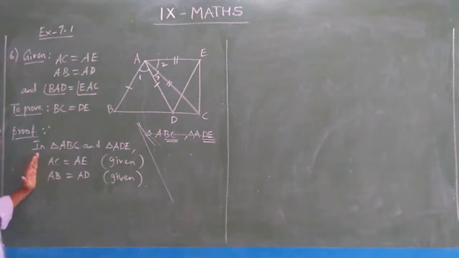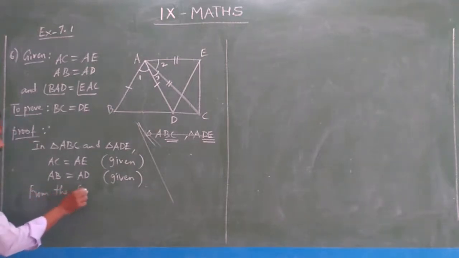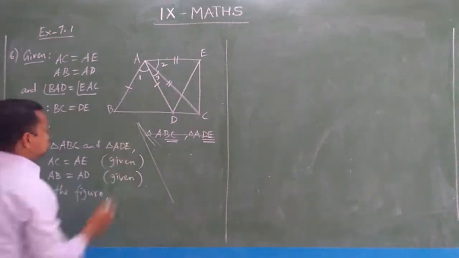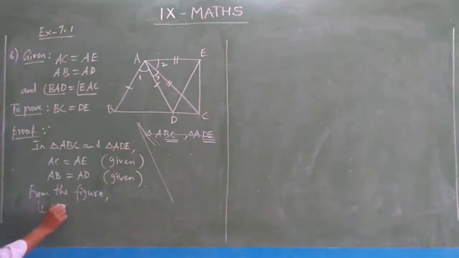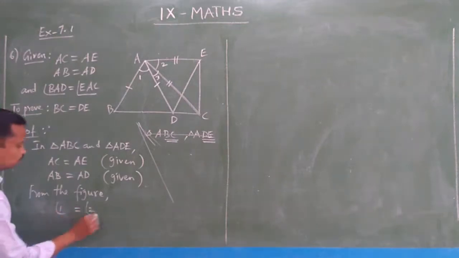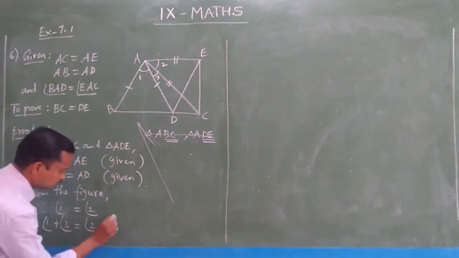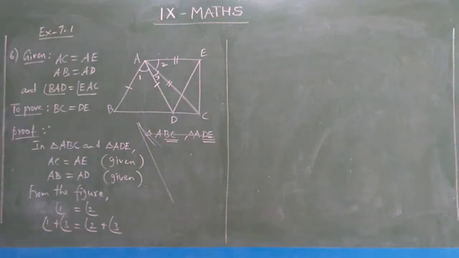So for the third angle, from the figure, angle 1 plus 3. Already we have angle 1 equal to angle 2. And if we add the common third angle on both sides, angle 1 plus angle 3, what is that?